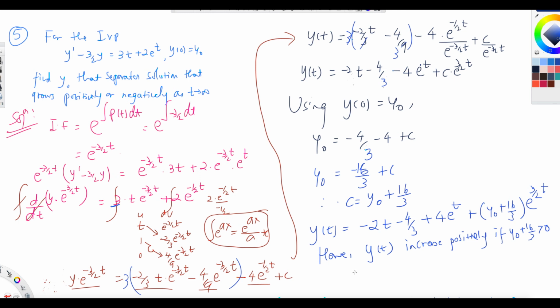And y of t decreases, or increase, negative means decrease, right? If y0 plus 16/3 is less than 0. That's what you do here. Okay guys, that is the end of section 2.2.